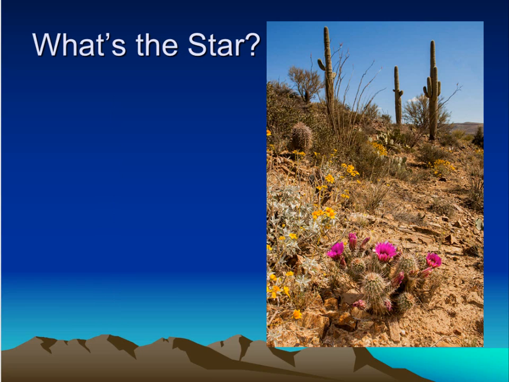What's the star here? Well, it's obviously these blooming cactus in the foreground, but the elements in the back of the picture, the saguaros and the yellow flowers, are what I call supporting actors in the scene, or supporting elements. You have a star of the photo, which is the cactus, and supporting actors in the background.